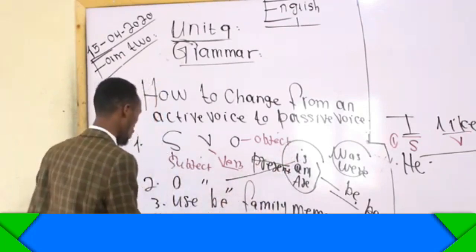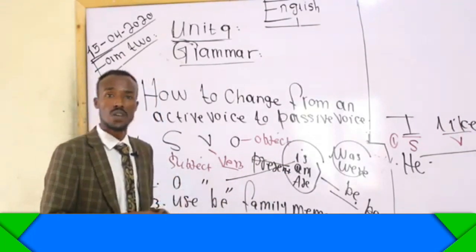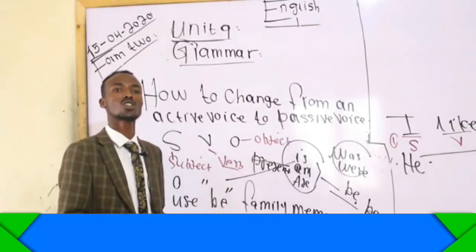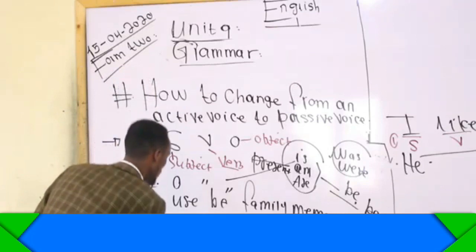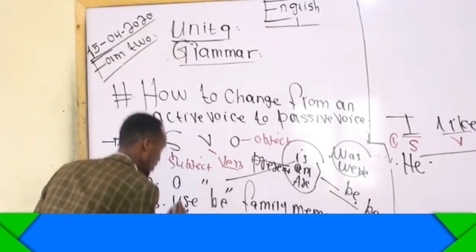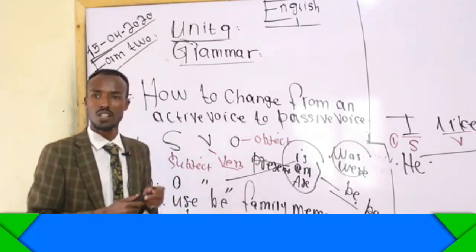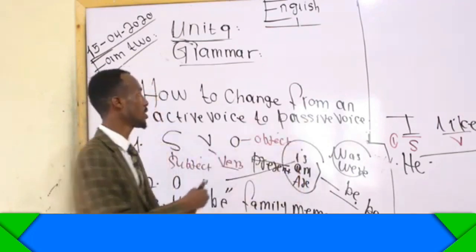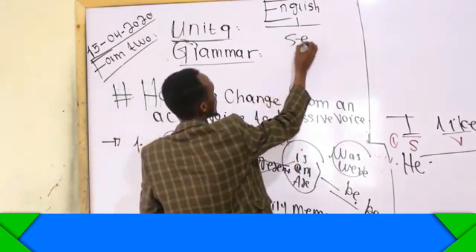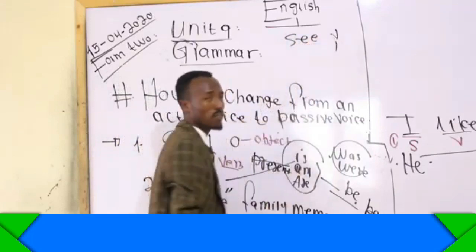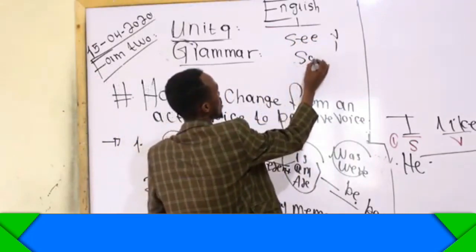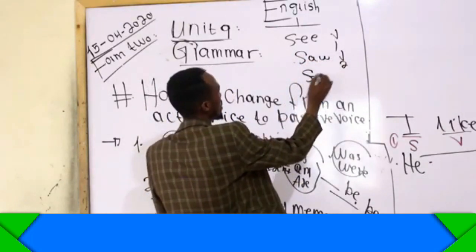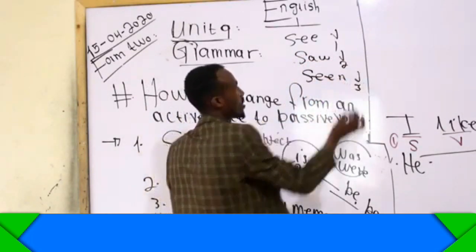Then number 4, your main verb must be the past participle or verb 3. Verb 3 is the third form of the verb. For example, see is verb 1, saw is verb 2, and seen is verb 3.